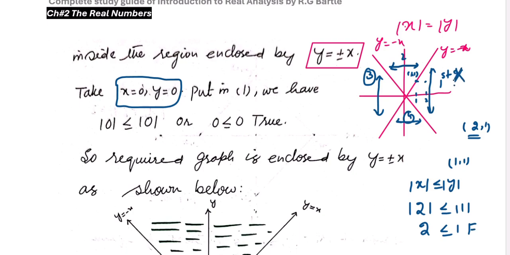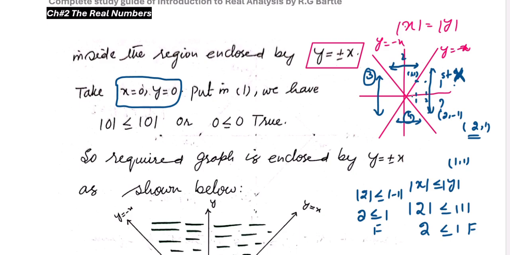Graph is not here. Similarly, you can take another point in the fourth quadrant above the line. Suppose this is x is equal to 2 and y is equal to minus 1. Again, you will put this point in the inequality. This is 2 less than or equal to absolute minus 1, which is plus 1. This is again false. It means your graph does not lie in the fourth region here either.